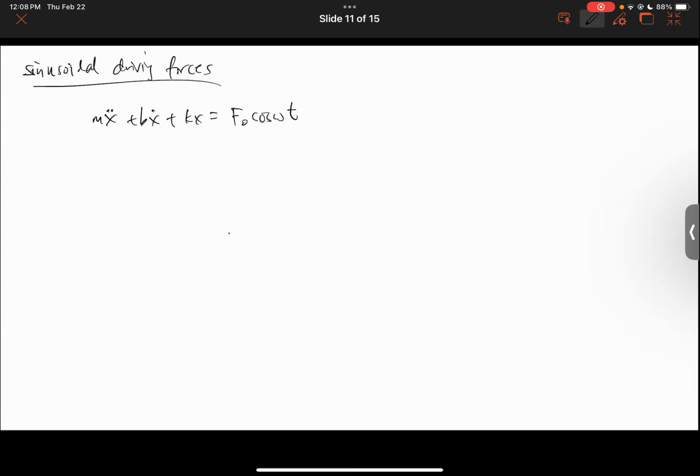Kailangan nagma-match yung frequency ng oscillation dun sa frequency ng pagtulak para magkaroon ka ng continuous na motion. Okay, so that's one way to complicate a ride which is as simple as a swing, di ba? So that's one way to describe a swing.